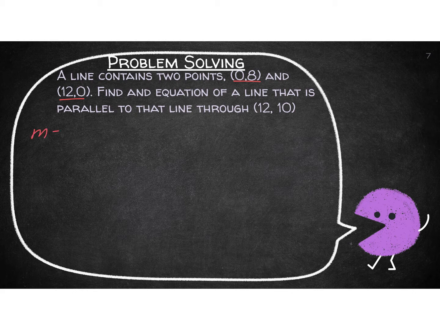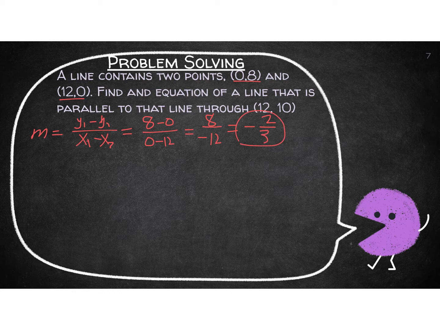Remember our slope equation, y1 minus y2 over x1 minus x2. So that would be 8 minus 0 over 0 minus 12, giving me 8 over negative 12. Simplify that down just to make it a little easier. So that would be a negative 2/3. So that is our slope.